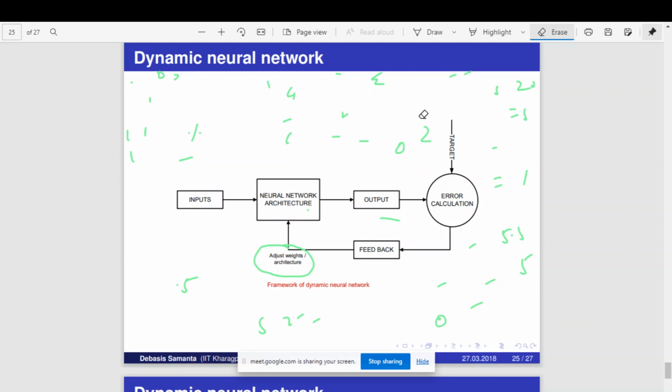Could someone say what is the difference between a static neural network and a dynamic neural network? Yeah.